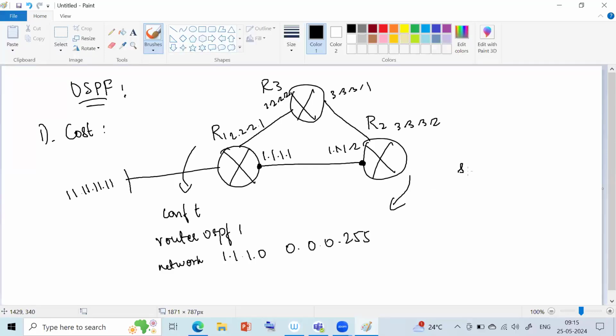Whenever you give a show ip route on R2, what all does it have? Simple. It has the 1.0 network, which is connected directly on the interface. Let's say this interface is F0/0.